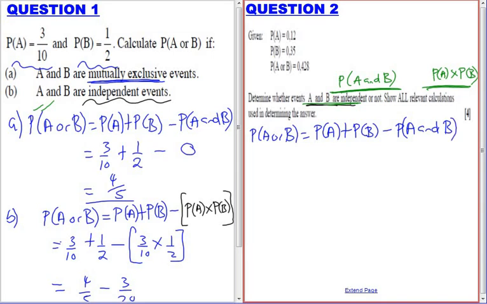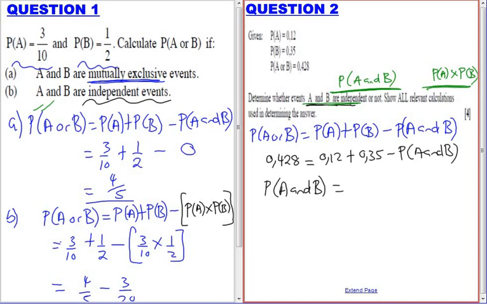Okay, so let's put in the values quickly. I'm going to put 0.428 here, and then is equal to probability of A 0.12, probability of B 0.35 minus the probability of A and B. So if I dare put probability of A and B this side, I believe I'll have to just subtract those ones.